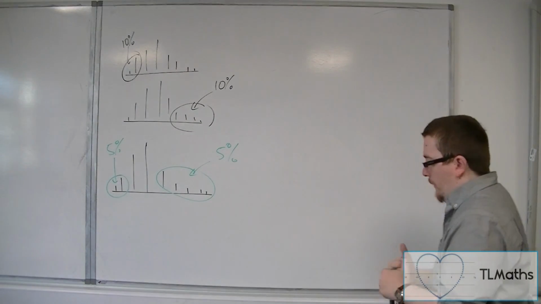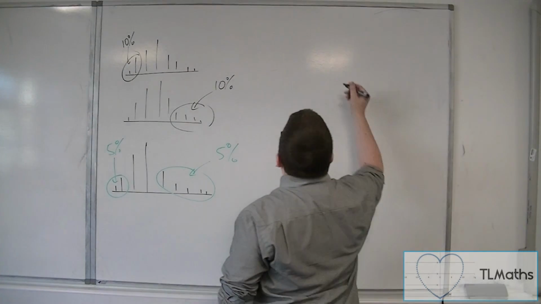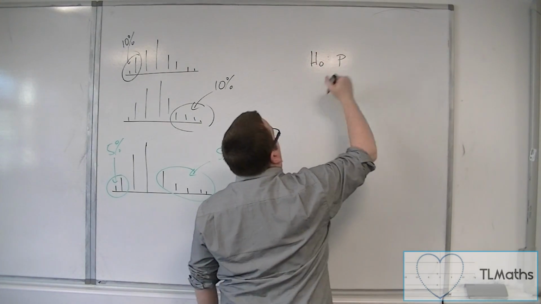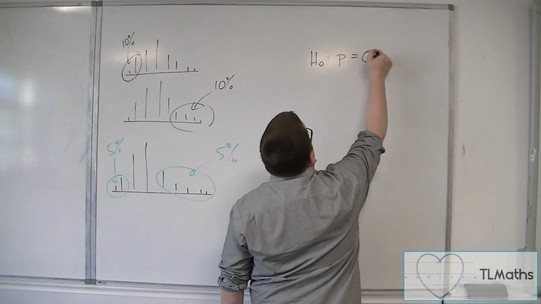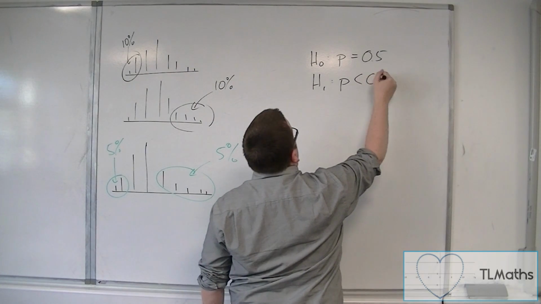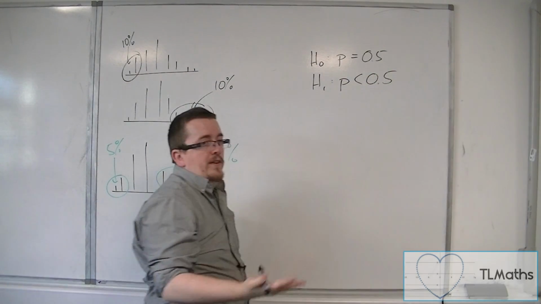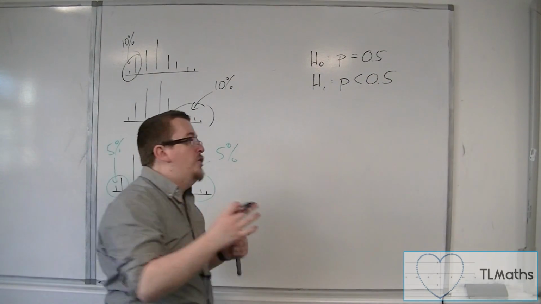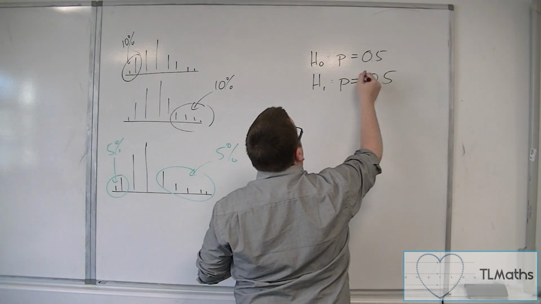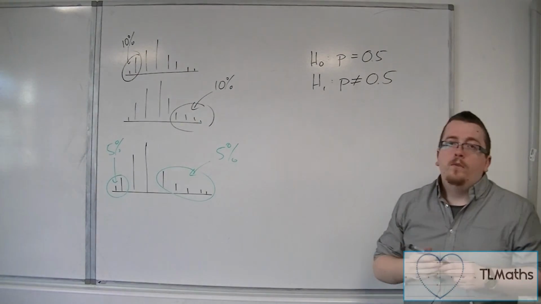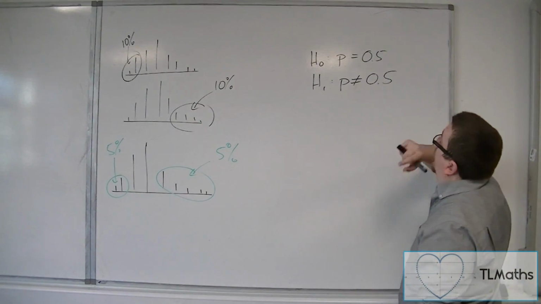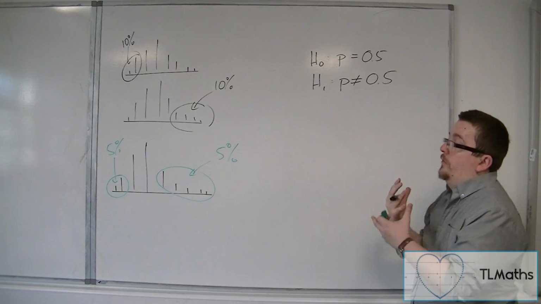the null hypothesis. So rather than having a situation where we have the null hypothesis being p equal to 0.5, for example, and the alternative hypothesis being p less than 0.5 or p greater than 0.5, the situation that we're considering is where the alternative hypothesis says, well, we don't think that the null hypothesis, that p is equal to 0.5, holds.